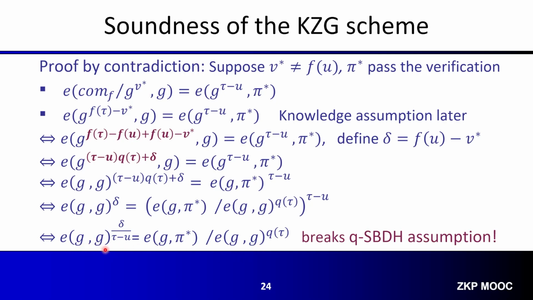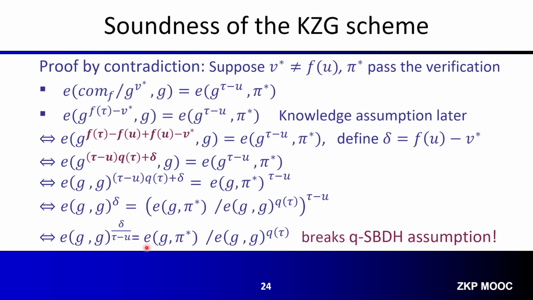And in the following equation, on the left-hand side, we have e(g, g) to the power of delta divided by tau minus u. This is almost the same as the problem of the Q-strong bilinear Diffie-Hellman assumption. We are trying to compute this value. On the right-hand side, it equals to this value inside the parentheses.